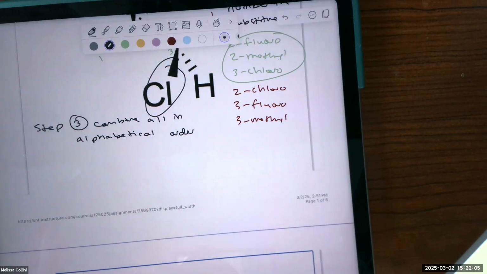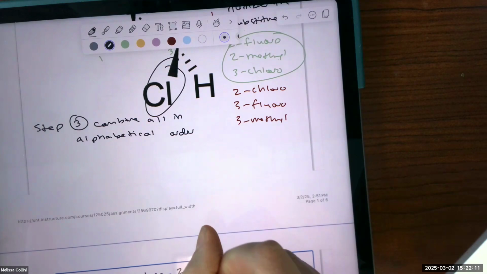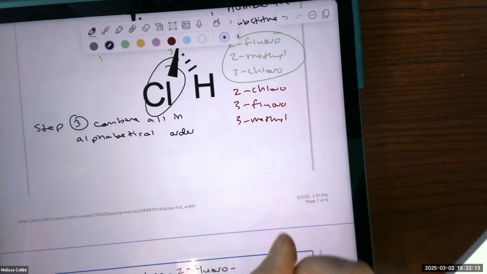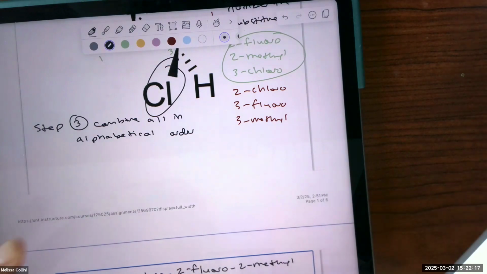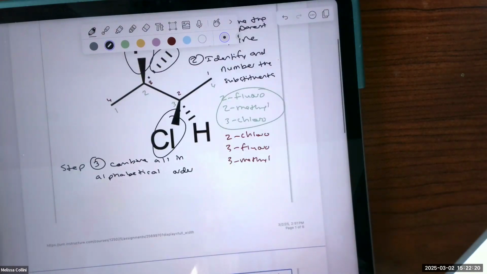So 3-chloro, then fluoro for A, B, C, D, E, F, 2-fluoro, 2-methyl. I'm running out of space, but butane would be the last part here.